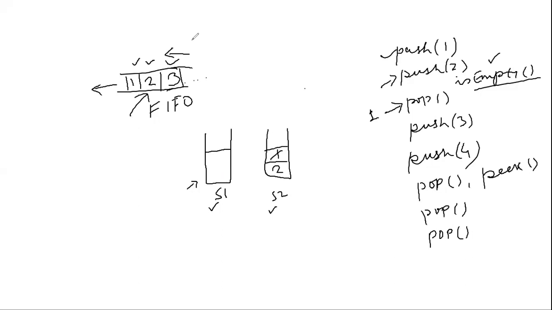Okay. So now what? Next is push 3. Where do we want to push it? We are going to push it on stack 1, right? So we pushed 3 here. Stack 2 contains just 2 and stack 1 contains 3 at this point in time. Push 4, we are putting 4 here.